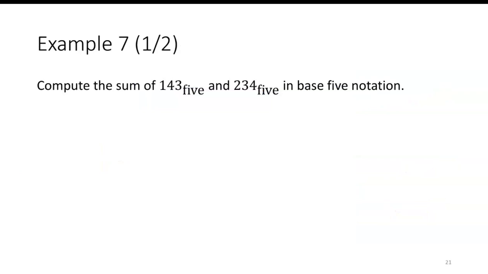So if I want to find the sum of 143 base 5 and 234 base 5, I can add using the standard algorithm. So I would start off 3 plus 4, that's basically 7, but that's in base 5, that's 1, 2. So as we did before, I'd put the 2 in the 1's place and carry over the 1.